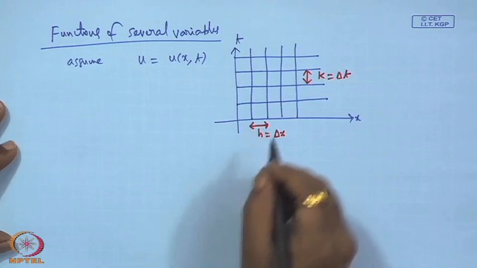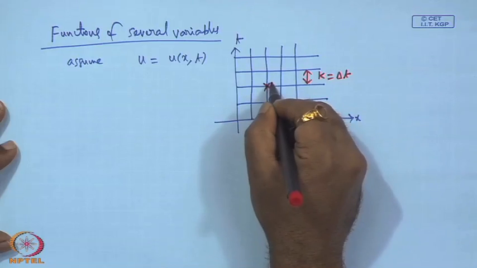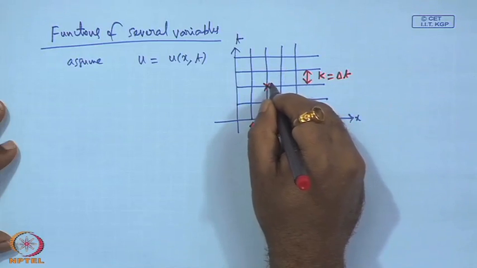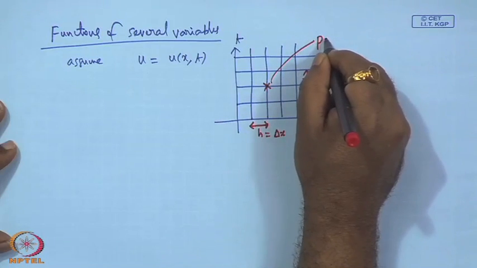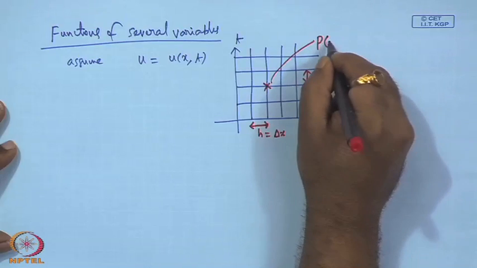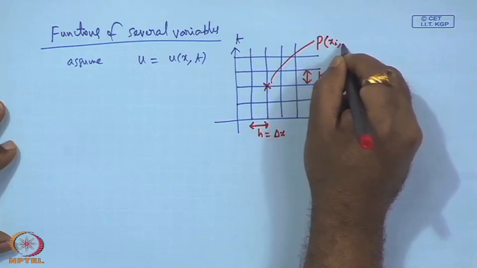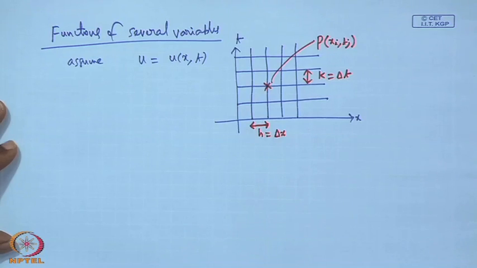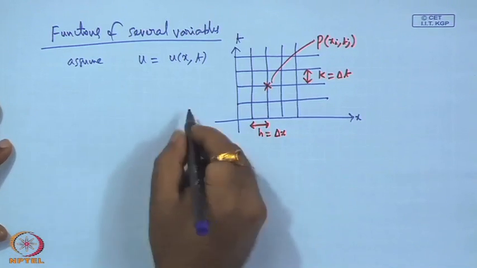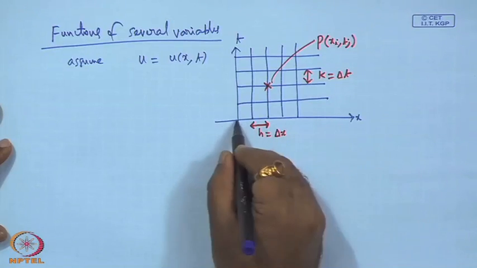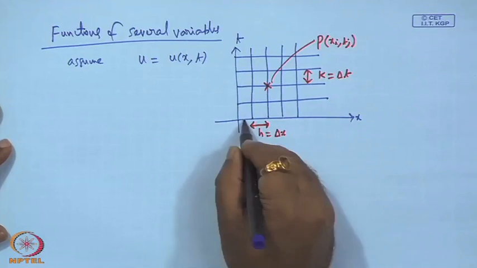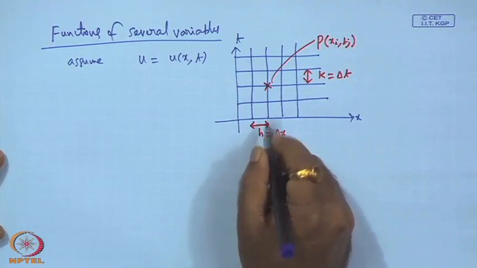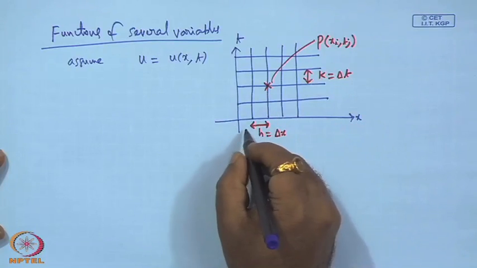If you take any point, say this point P, it is at some x_i, t_j. Depending on the boundary and the step size, the i will be decided.